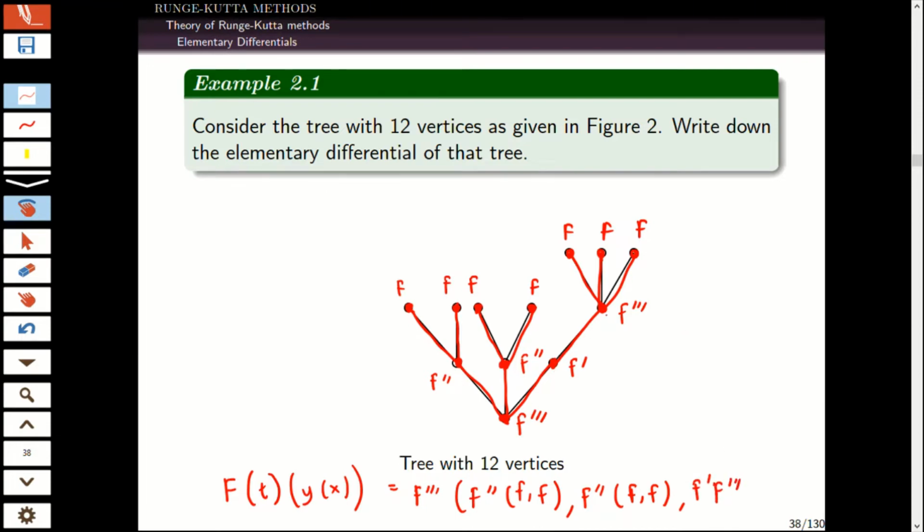So f prime (f triple prime (f, f, f)), and then don't forget to close this bracket for this one and close this bracket for this term. So this is how you write the elementary differential over 12 vertices.